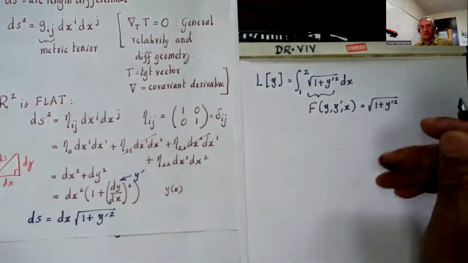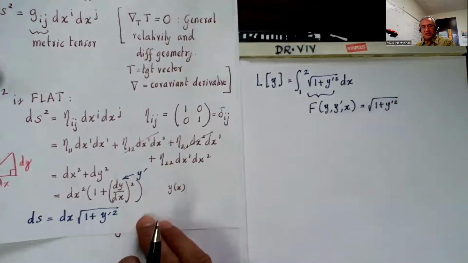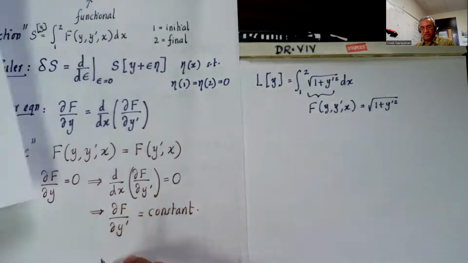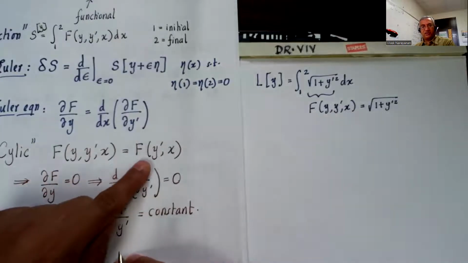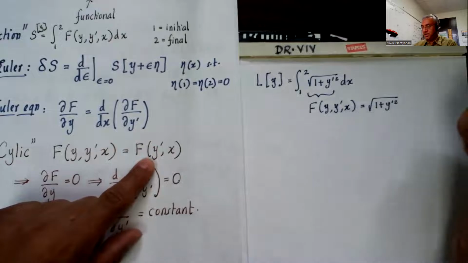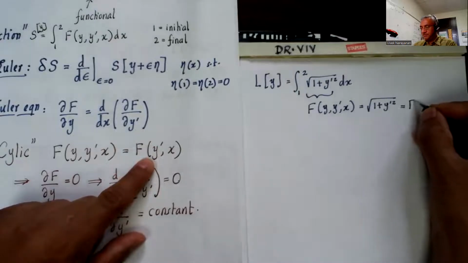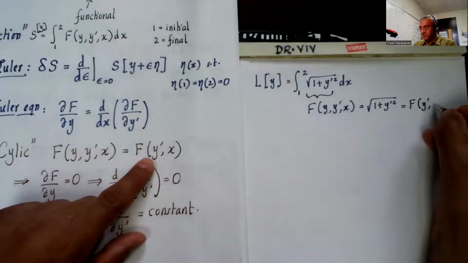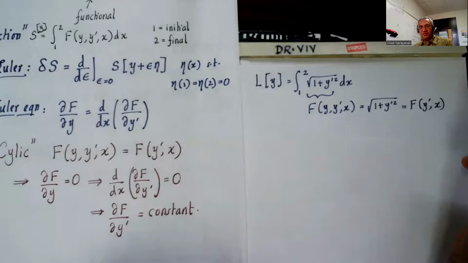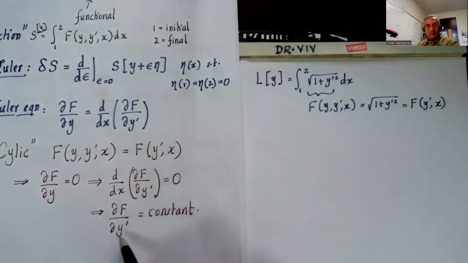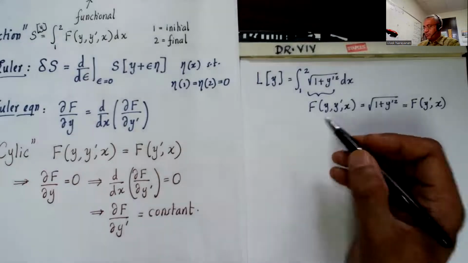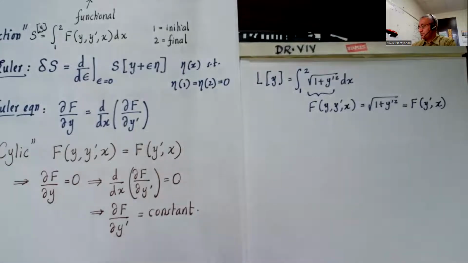Observe that this is not dependent on y. Because it's not dependent on y, we can use the cyclic property. The cyclic property says if the functional is a function of only y prime and x, which it is in this case, actually it's not even a function of x, it's just a function of y prime, then the following quantity is conserved. So we can move directly to the conserved quantity in this case.